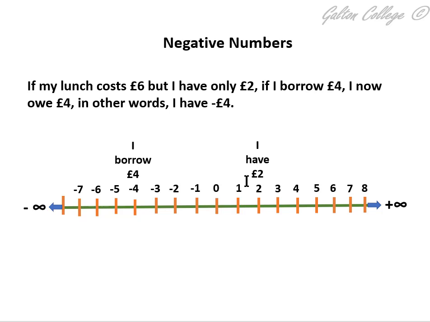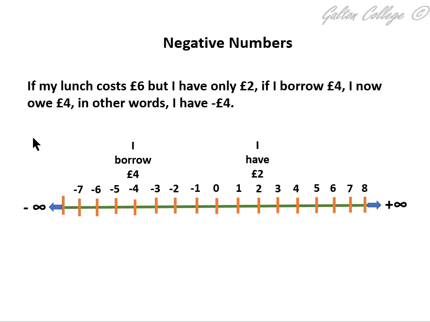And if I look here, go 1, 2, 3, 4, 5, 6. Well, that's what the lunch costs, £6. So minus 4 and the 2 give me the price. 1, 2, 3, 4, 5, 6. But I owe £4 now. I've actually got, my wealth is now minus 4.